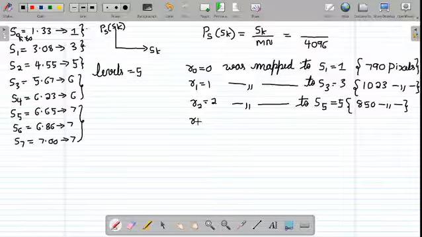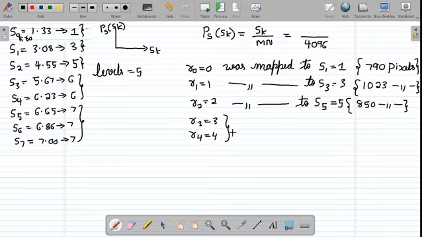Next, R3, which is equal to 3, and R4, which is equal to 4, both are mapped to the same value, which is 6.